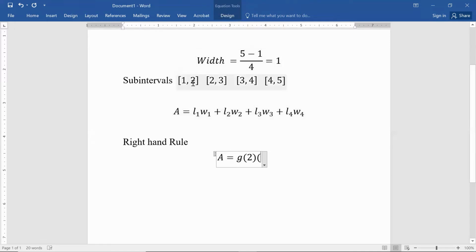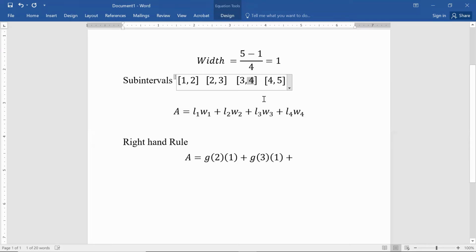The width is going to be 1. From 1 to 2 is width 1. Plus, let's go to the second rectangle. The length of the second rectangle is g of 3 using the right-hand rule. The width is 1.